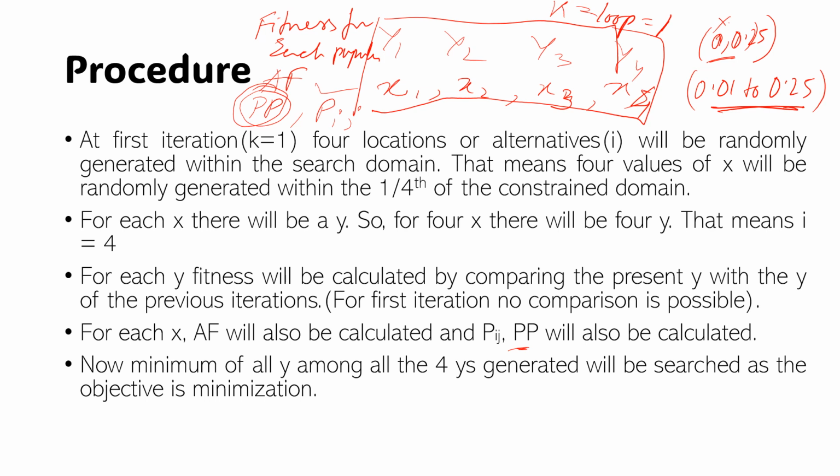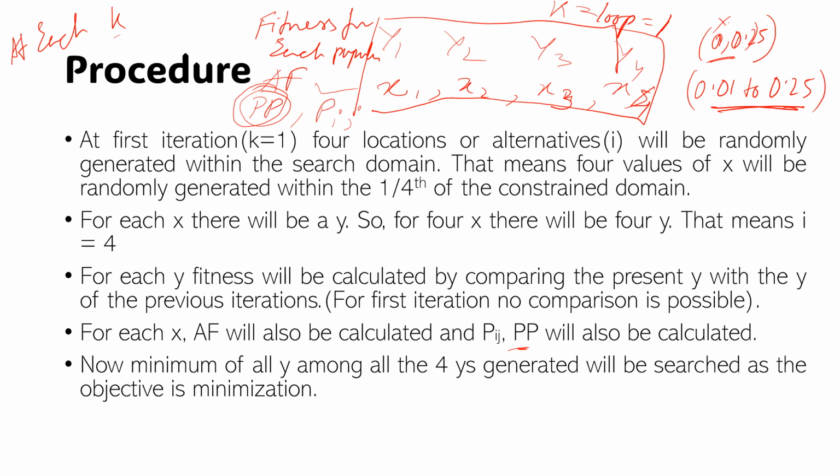To summarize, at each iteration K, or for each loop K, if you are generating 4 locations or 4 x, then you have to calculate 4 fitness, 4 accumulative fitness, 4 PP, predefined probability, and 4 probabilities.